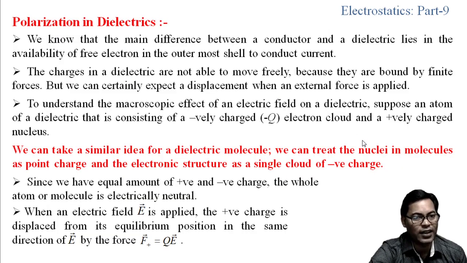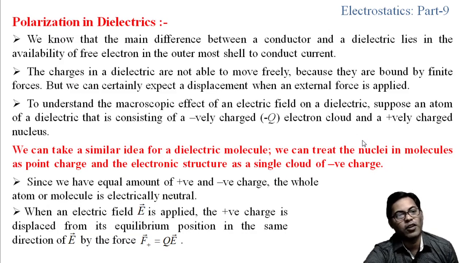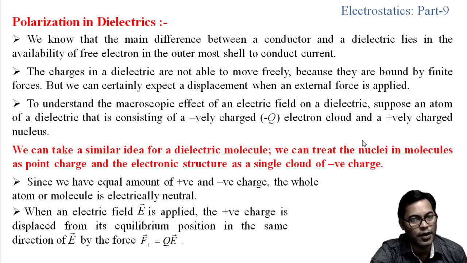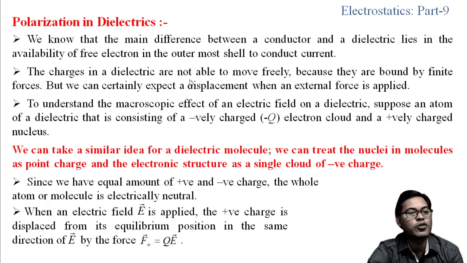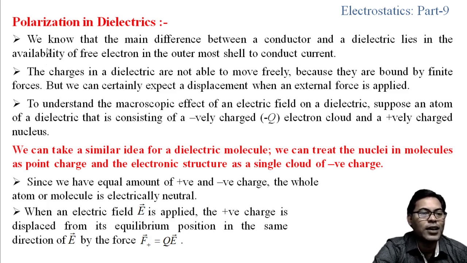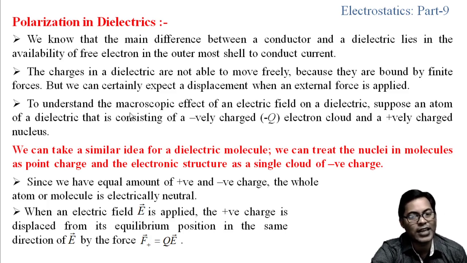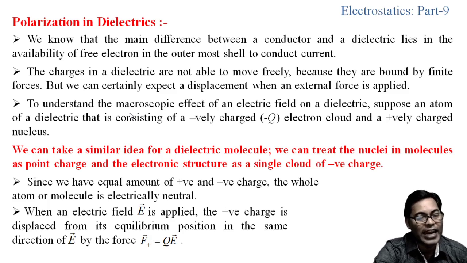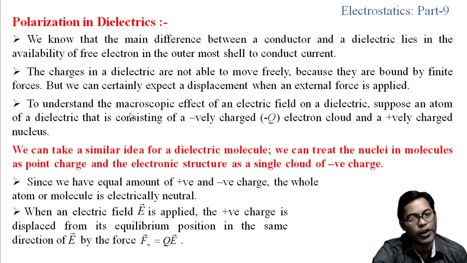Before that, we want to see some properties of the dielectric material. First we are going to see the polarization of the dielectrics. Here there are 3 basic points, from which we will understand how the dielectric material becomes polarized, that we are going to see here.